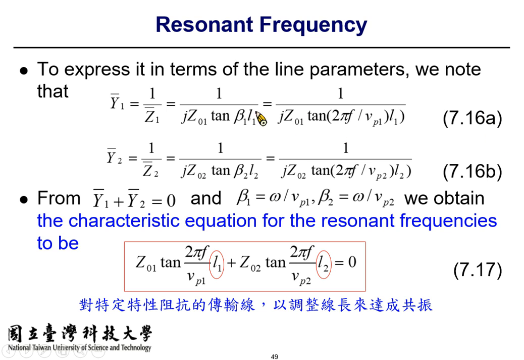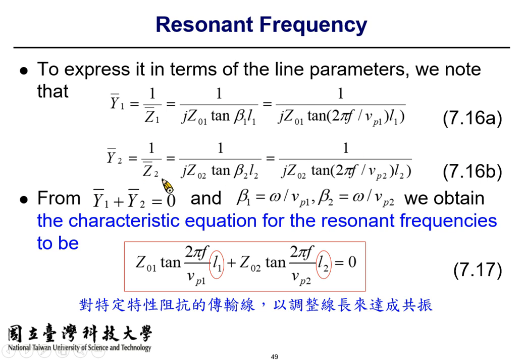Note that beta1 here, not B1, is replaced with 2 pi times f over Vp1. That's a general expression, so you can substitute any characteristic impedance and any propagation velocity Vp for the two lines.